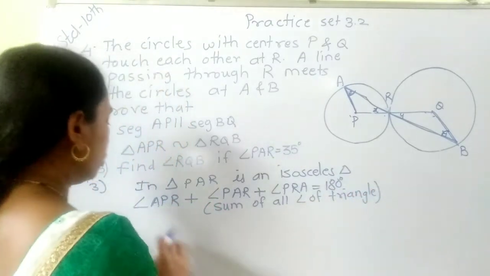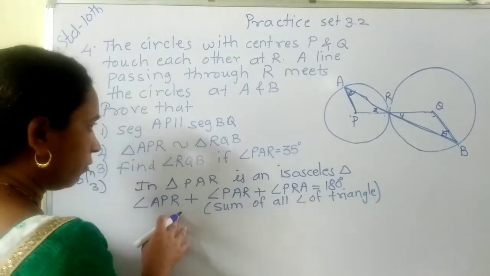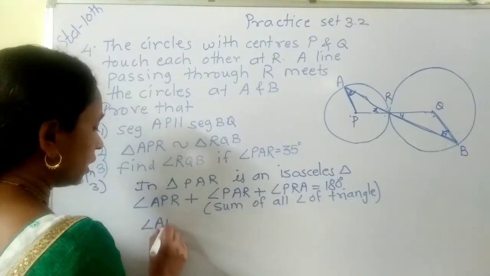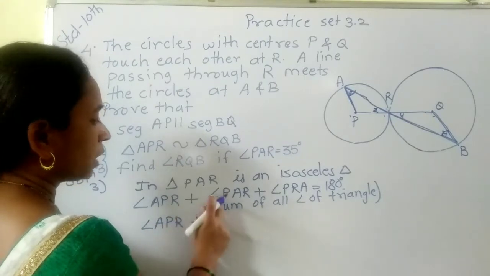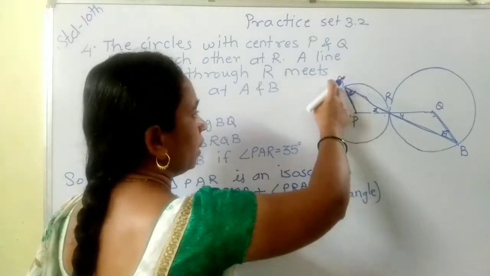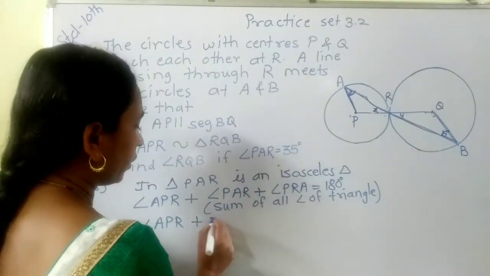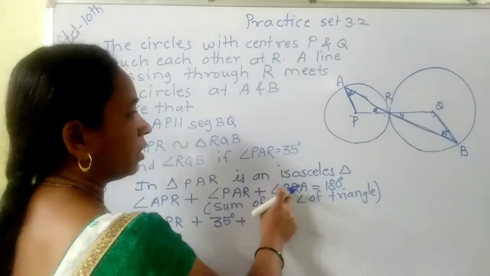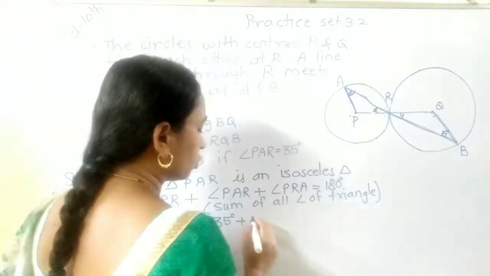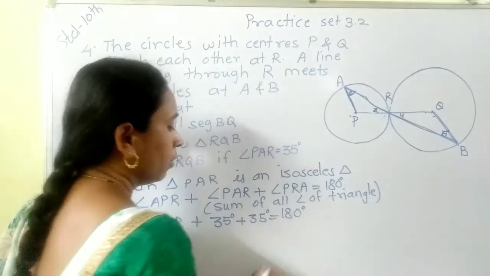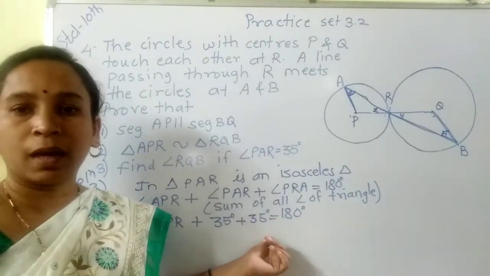Now we'll put the values. Angle APR I have to find out. So I'll write it as it is: APR plus angle PAR. Angle PAR value is given, 35 degrees. And then if it is 35 degrees, angle PRA is also 35 degrees, is equal to 180 degrees. Why have I used 35 degrees?